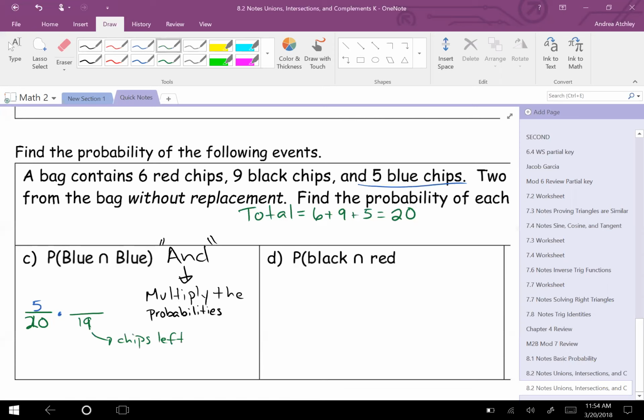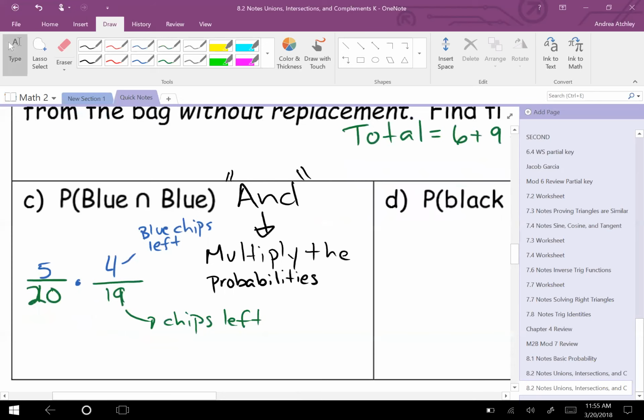So there are 19 chips left now on the second time. How many blue are left? There was 5. I picked one out, pulled it, put it aside. How many are left in there? 4. So now there are 4 blue chips left. Does that make sense? Okay, since it's an "and" problem, we're going to multiply. So we're just going to multiply straight across.